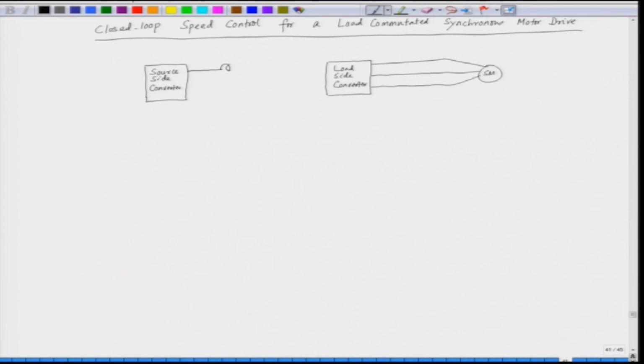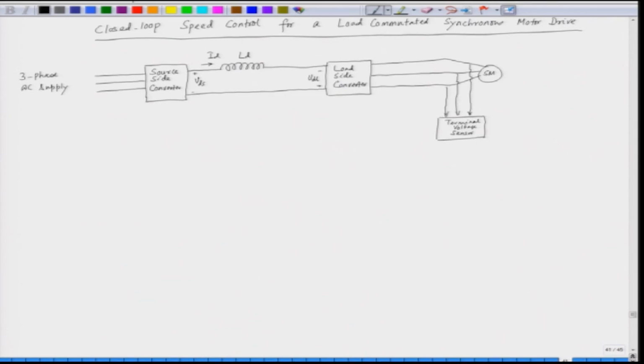The converter feeds the DC link, in this case from a 3 phase AC supply. So, this is converted to DC, and then we have the DC link and the load side. We can have a sensor, the terminal voltage sensor, which senses the terminal voltage of the synchronous motor.